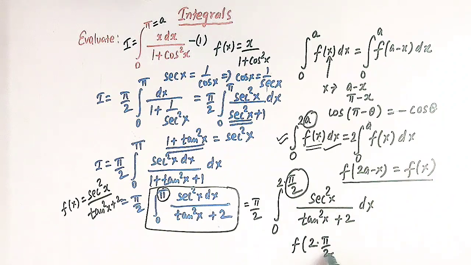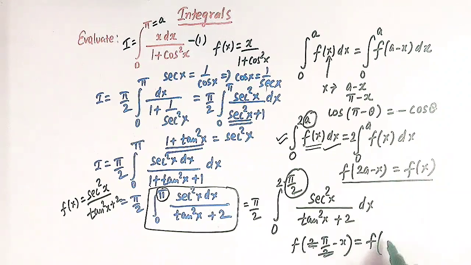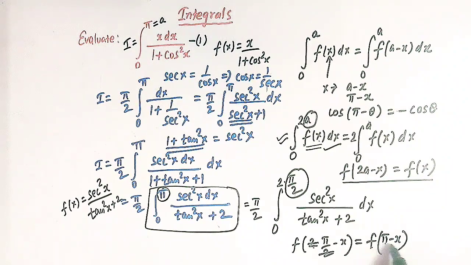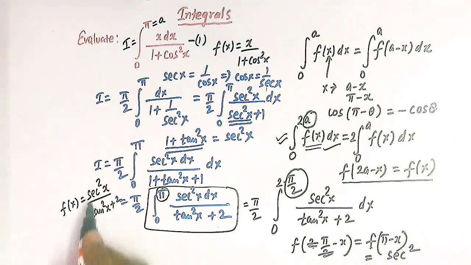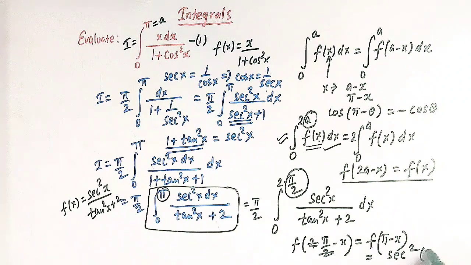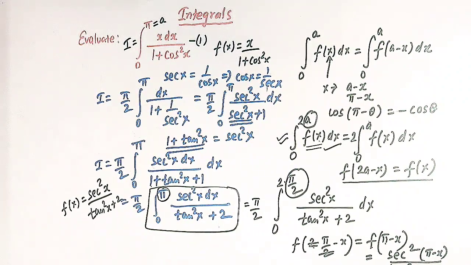So we have f of 2 times pi by 2 minus x, which is again f of pi minus x, right? So f of pi minus x is given by secant square, and for x we write pi minus x, then we have tan square of pi minus x plus 2.